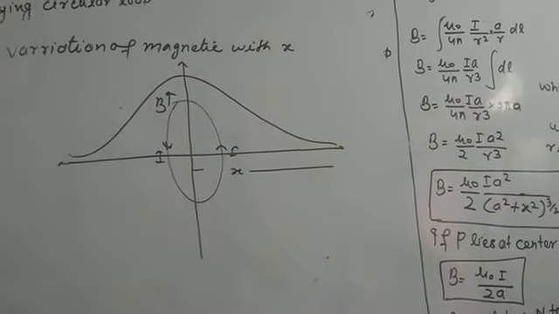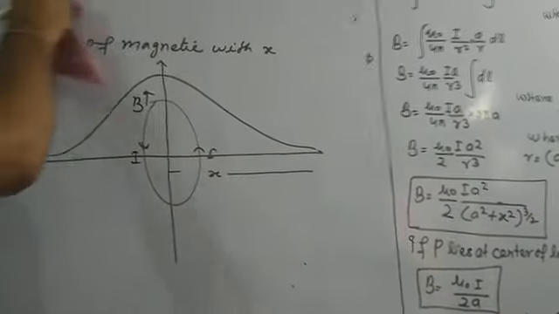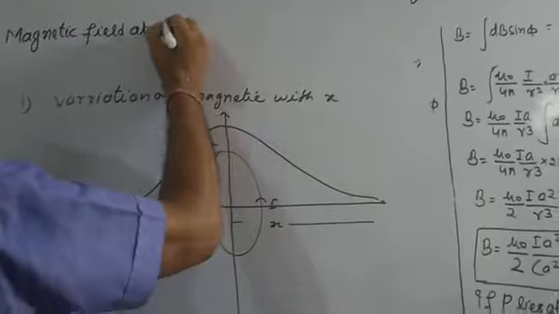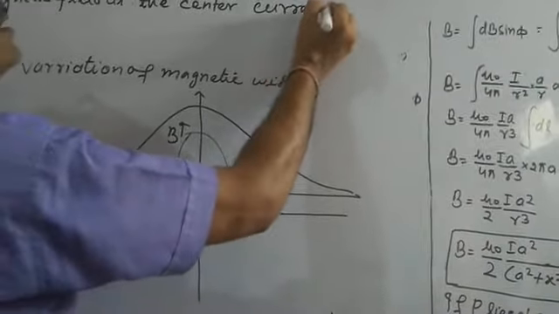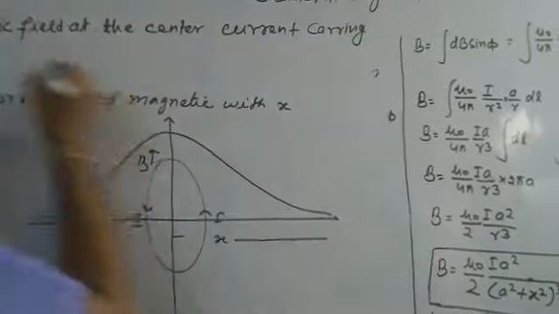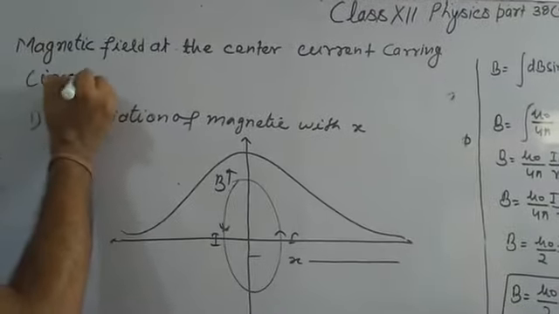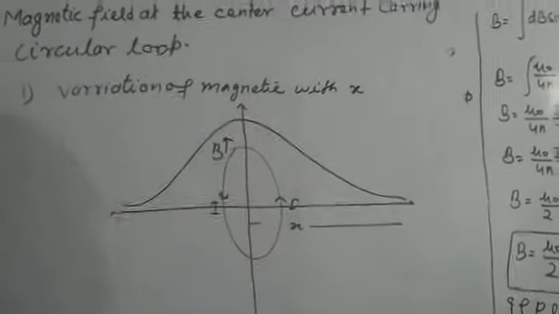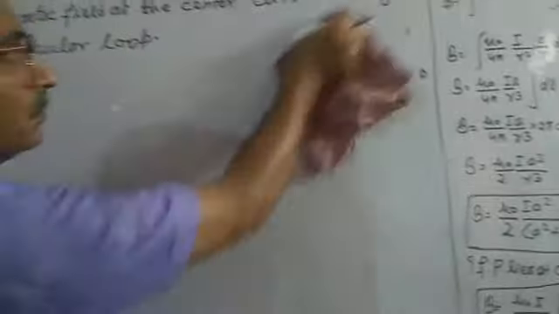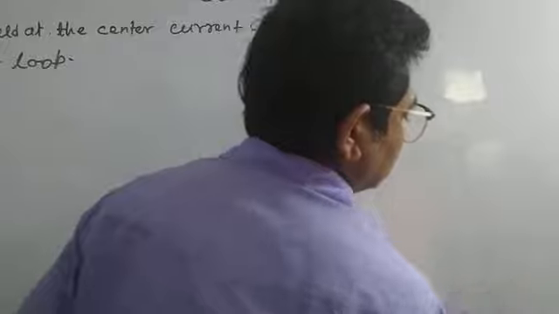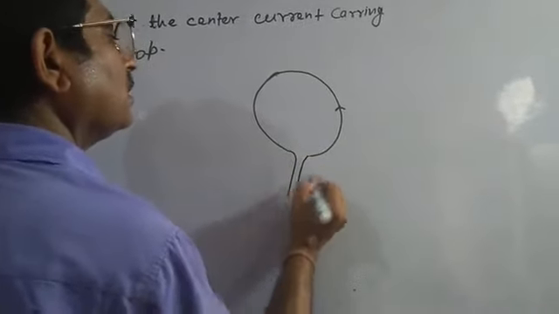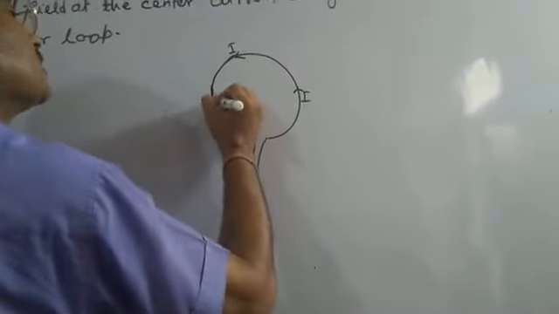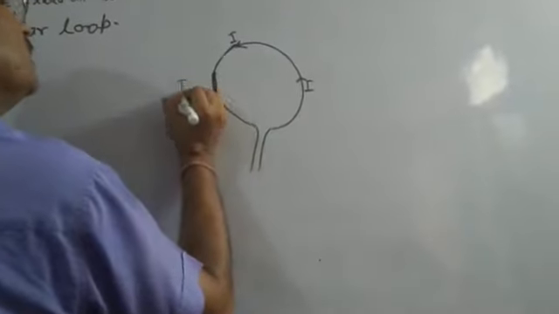Magnetic field at the center of a current carrying circular loop. This is the current element dl.